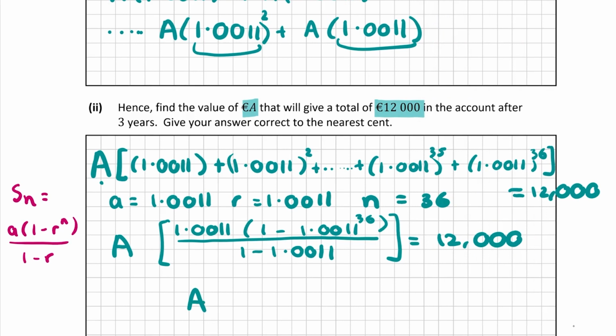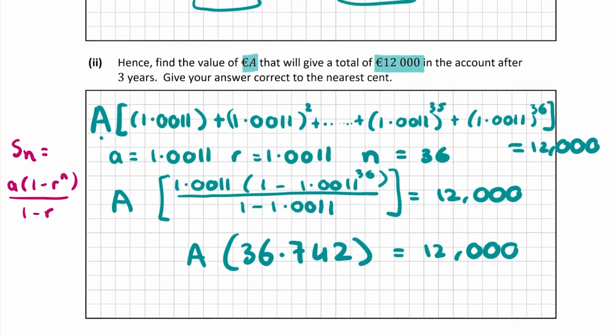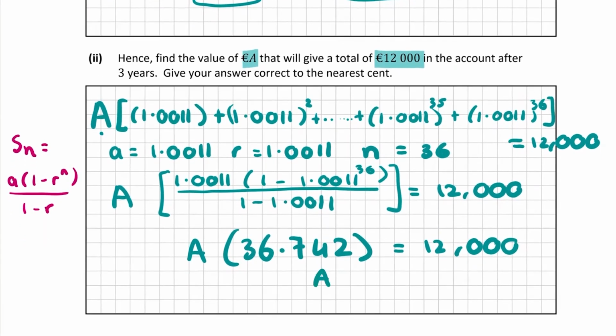So we have A by 36.742 is equal to 12,000. We want to work out what A is, what it is he invests every month. So I'm going to get A on this side, move this over to this side, and we get 12,000 divided by 36.742.